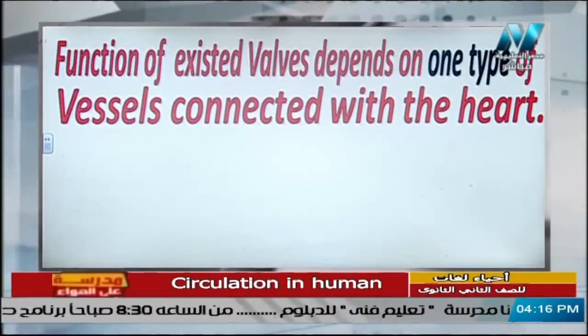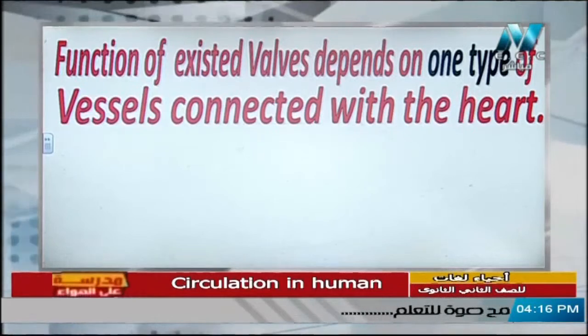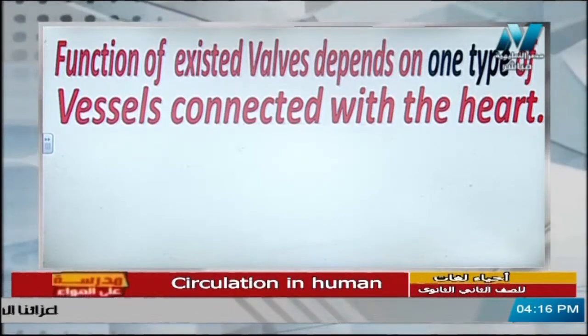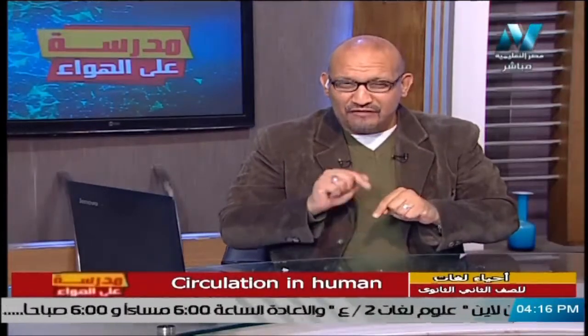Be careful with this question. It says: the function of existed valves depends on one type of vessels connected with the heart. If I ask whether the heart is connected with one type of vessels, of course not. The heart connects with arteries and with veins at the same time. The question says valves, so pay attention.